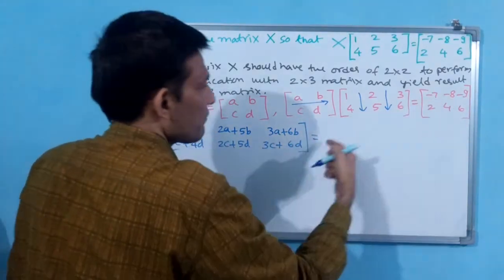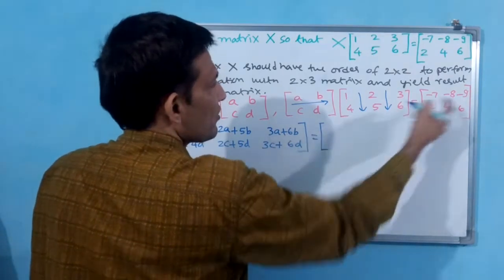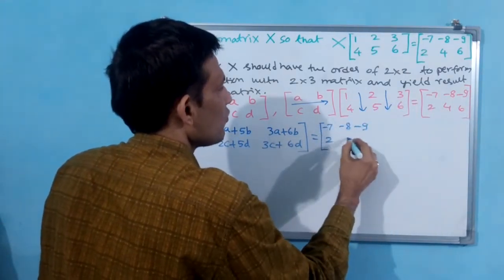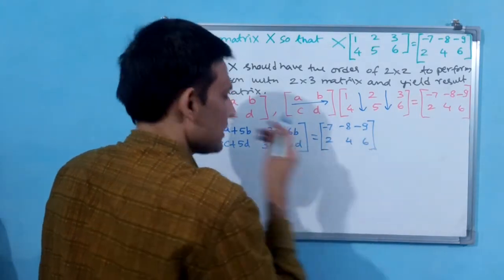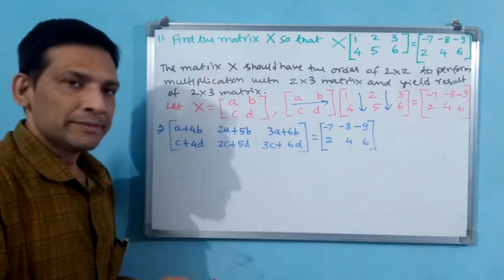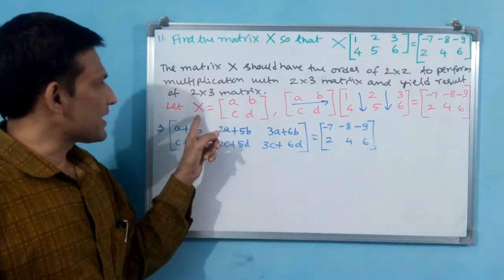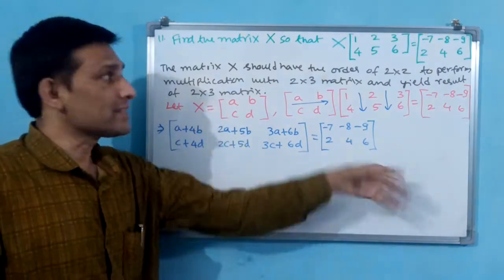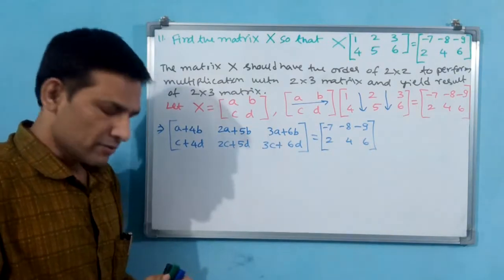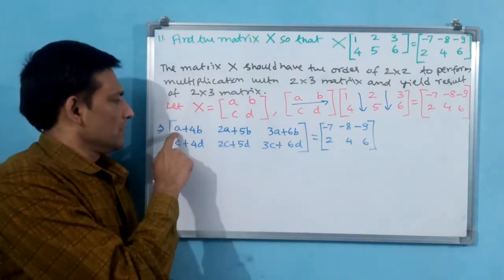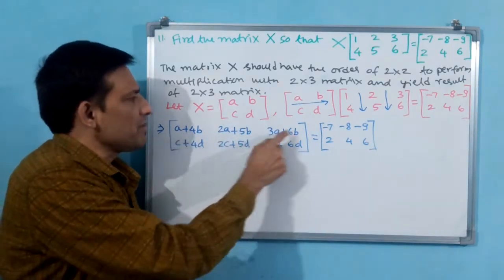See, this you have to equate to this matrix: -7, -8, -9, 2, 4, 6. Now you see, here you can find A, B, C, D. If A, B, C, D are found, then automatically X is equal to the matrix of A, B, C, D. Got it? Now you see here, in the first row all A, B, A, B, A, B are there.